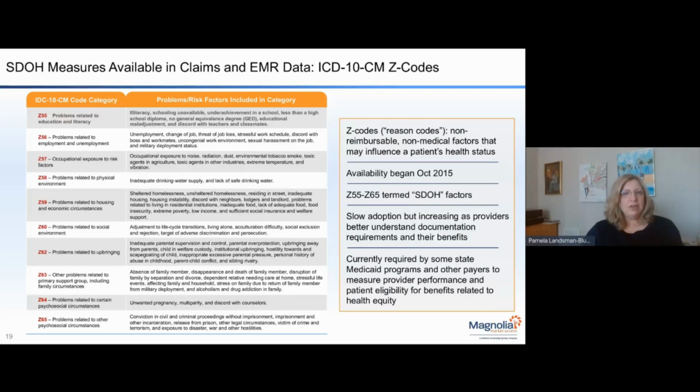And you can see they do get into more granularity, some of which you can see on the right, but they do look at things such as education and literacy, employment, occupational exposure to risk factors, physical, environmental factors, etc.